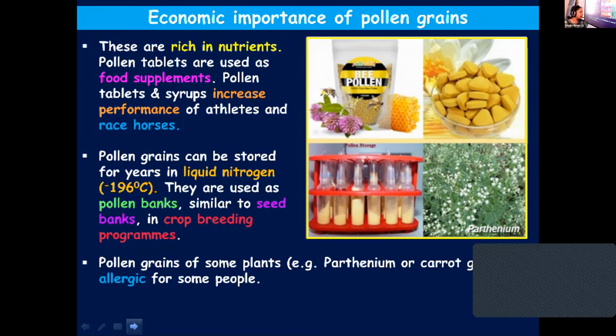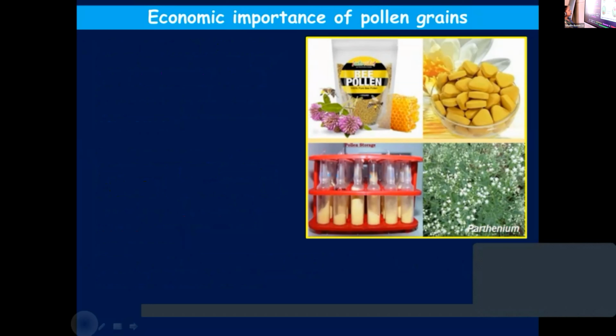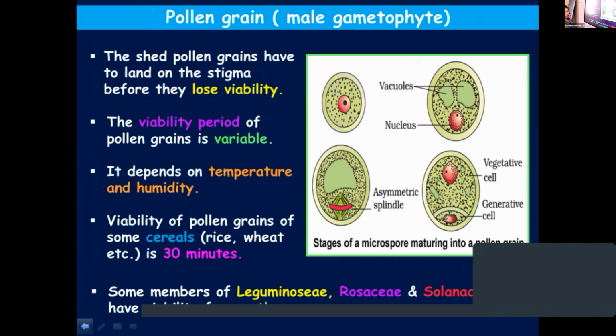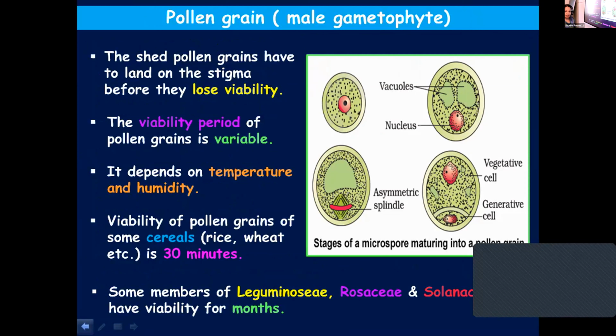Okay. And Nia wanted to see the previous slide, so I'll show that slide once again. I'll repeat, Nia, I'm just repeating that point once again as you wanted to see it. Pollen grains should land on the stigma before they lose their viability. Viability means ability to function properly, or in this case, ability to germinate. And the viability period varies from plant to plant.